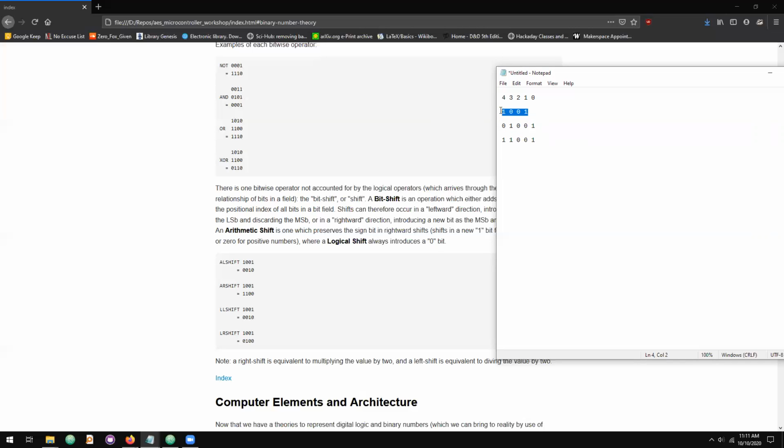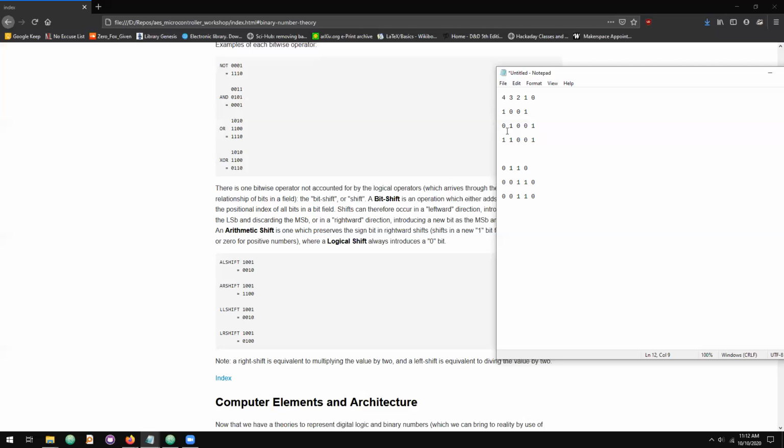If you're doing an arithmetic shift on a value that has a 0 in the most significant bit, that 0 will get sign extended. So an arithmetic shift for a value with a 0 in the most significant bit looks identical to a logical shift. Both kinds of shifts would produce the same value.